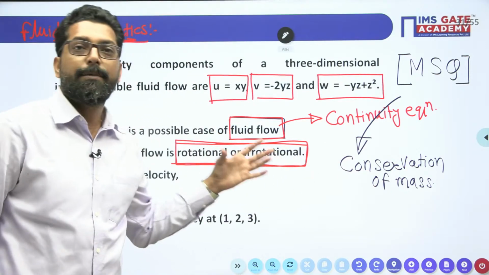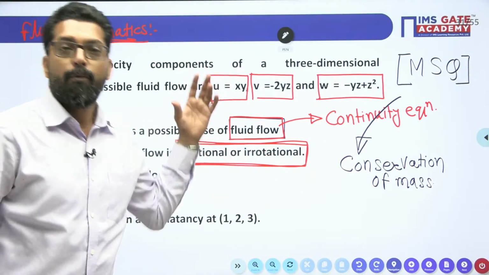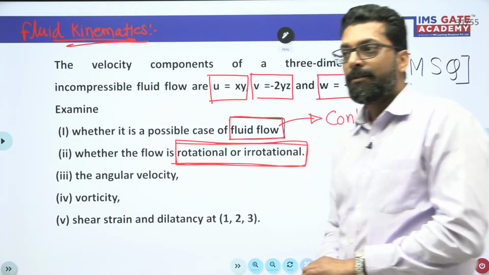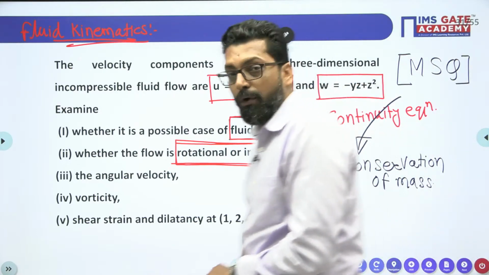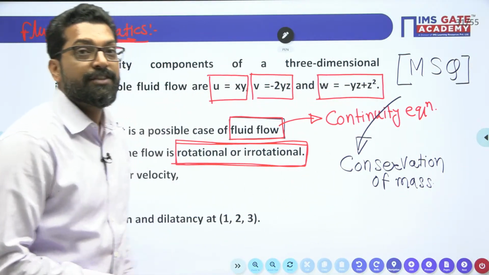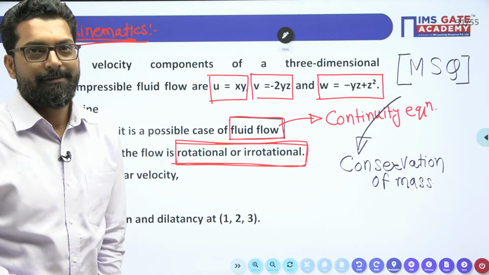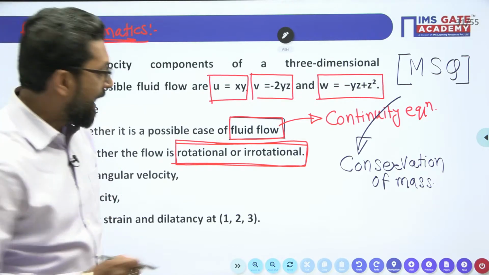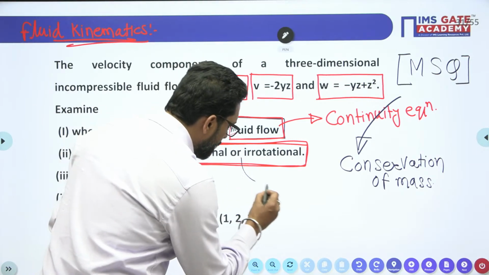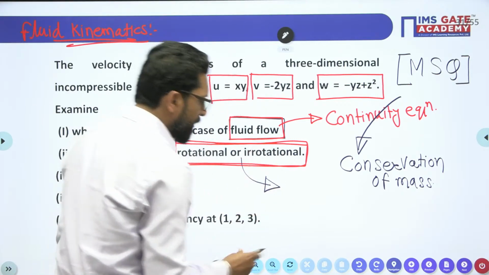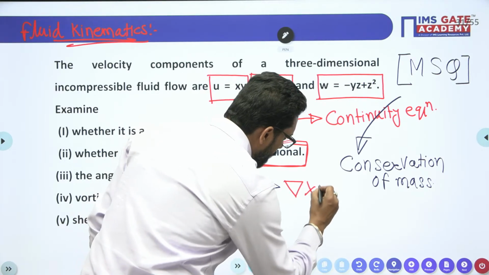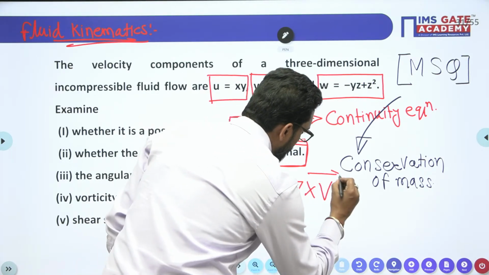From what parameter can you check rotational or irrotational? You can check the curl vector. From the curl you can check. That means del cross V vector.